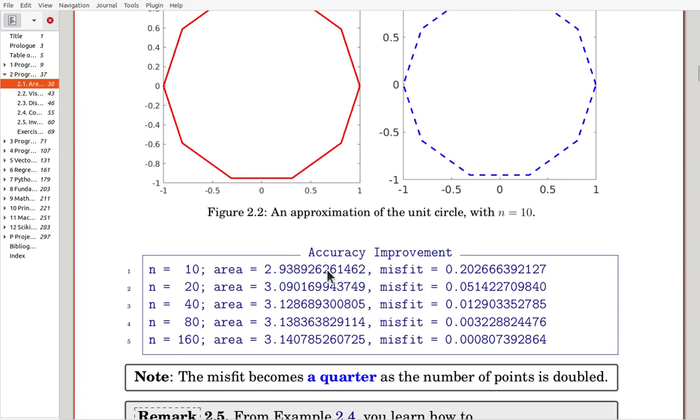Then the area is increasing and approaching pi. Here we measured the misfit from pi, and there is error, and the error is becoming smaller, in fact becoming a quarter as the number of points is doubled. Which means that it is second order convergence.